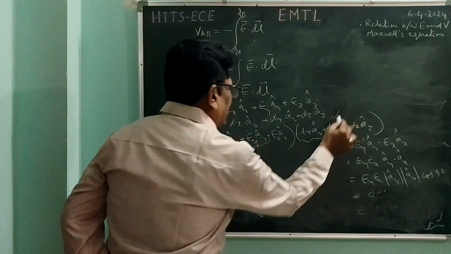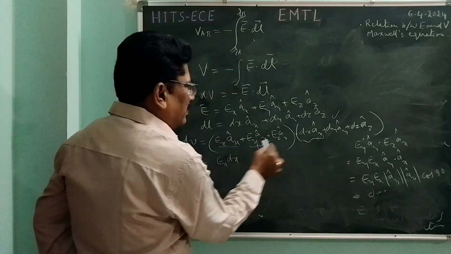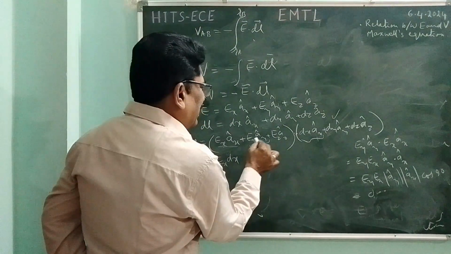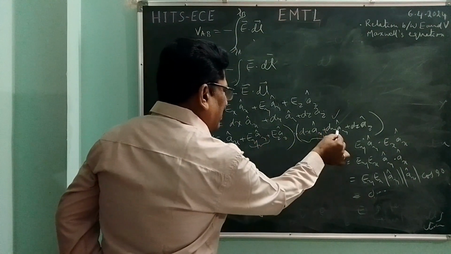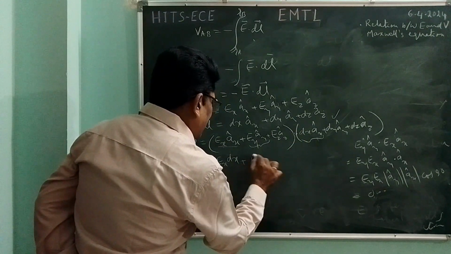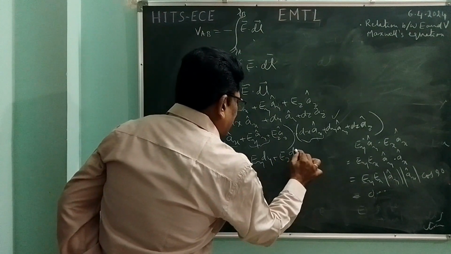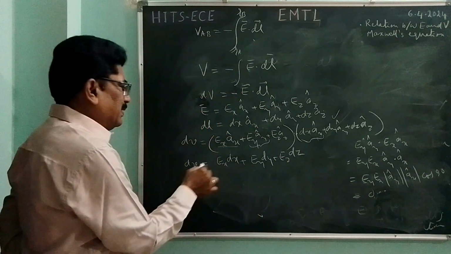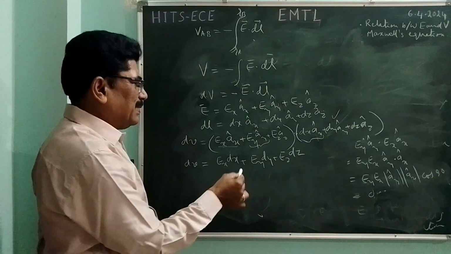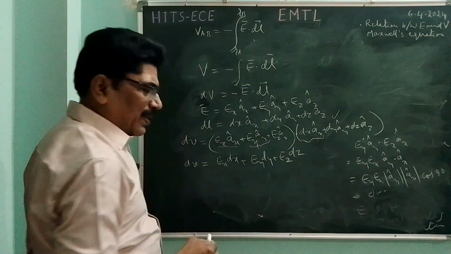Now coming to this, dy Ay cap into Ex Ax cap will be 0. Dy into Ey Ay cap dot Ay cap is 1. So you can write Ey dy plus Ez dz. So dV is equal to Ex dx plus Ey dy plus Ez dz. Okay.